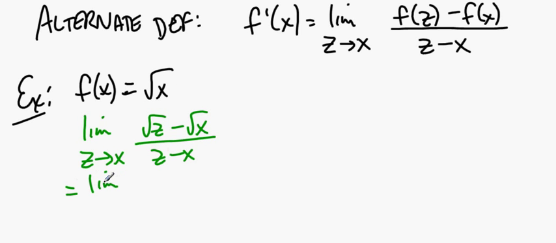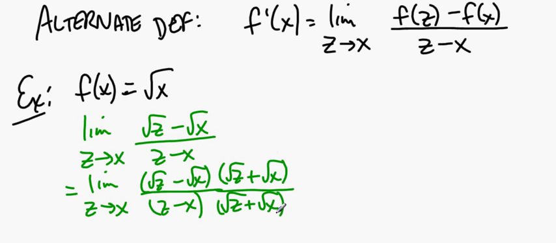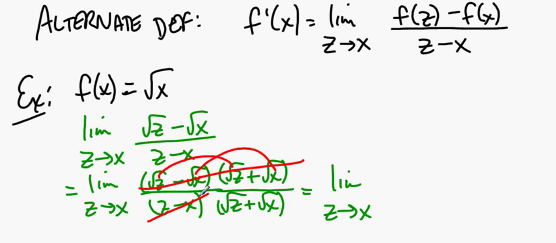And then you know as well as I do that since it's got a radical in a binomial, the way out of that trouble is to use the conjugate. And when we use the conjugate, these drop, and you're left with z minus x, which conveniently cancels out with that.